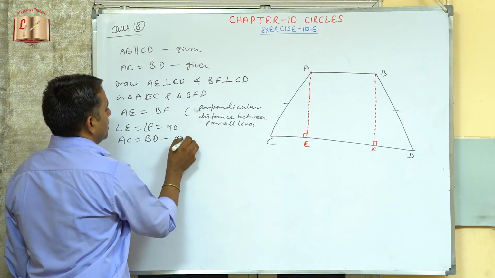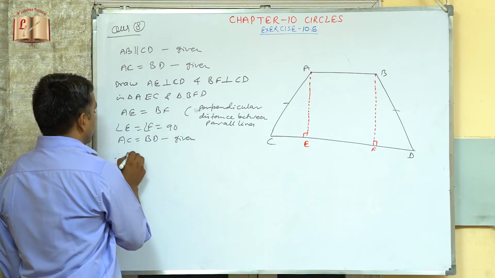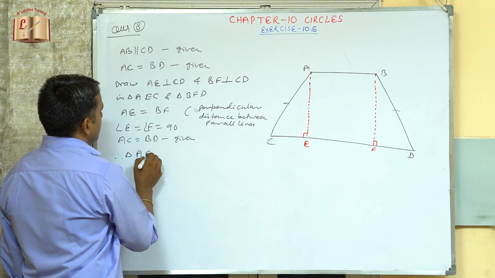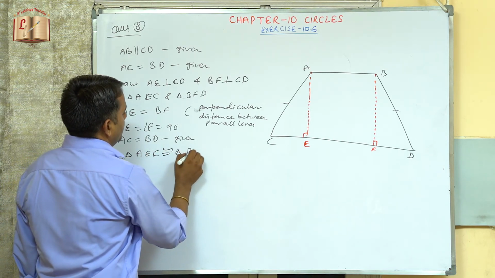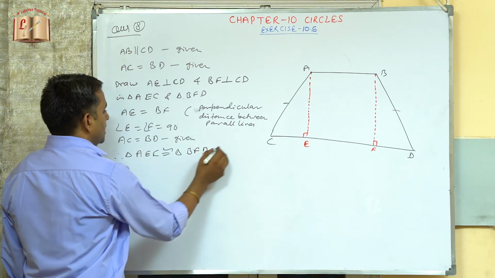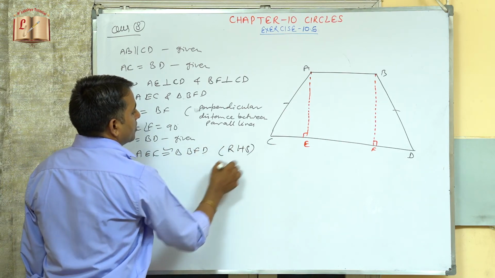This is already given to us. Therefore triangle AEC is congruent to triangle BFD by RHS congruency.